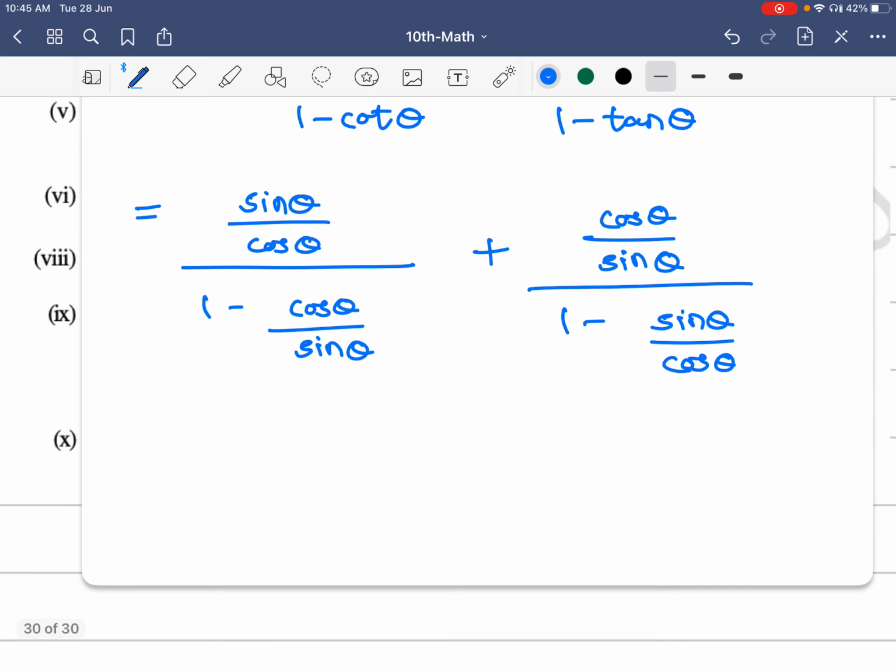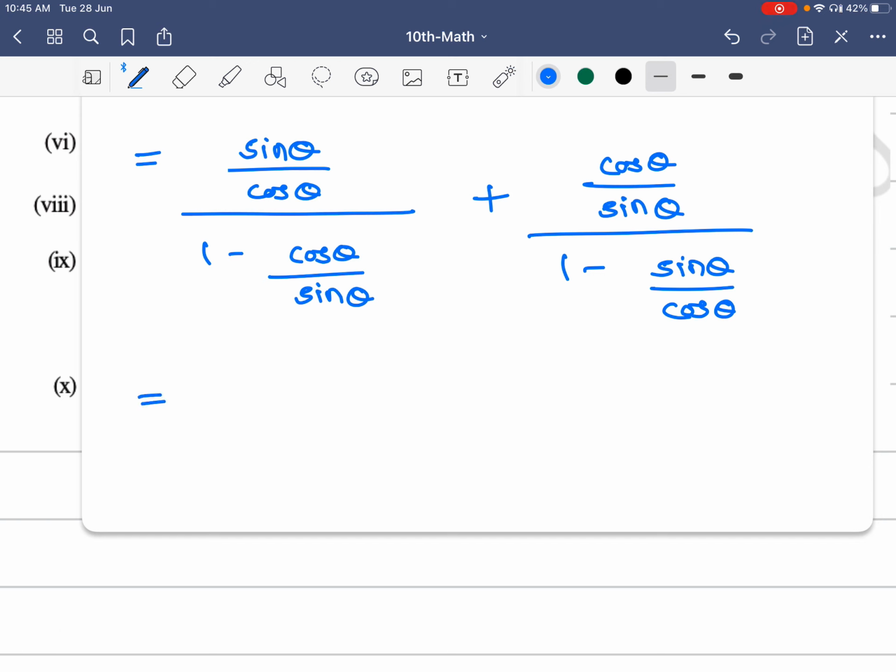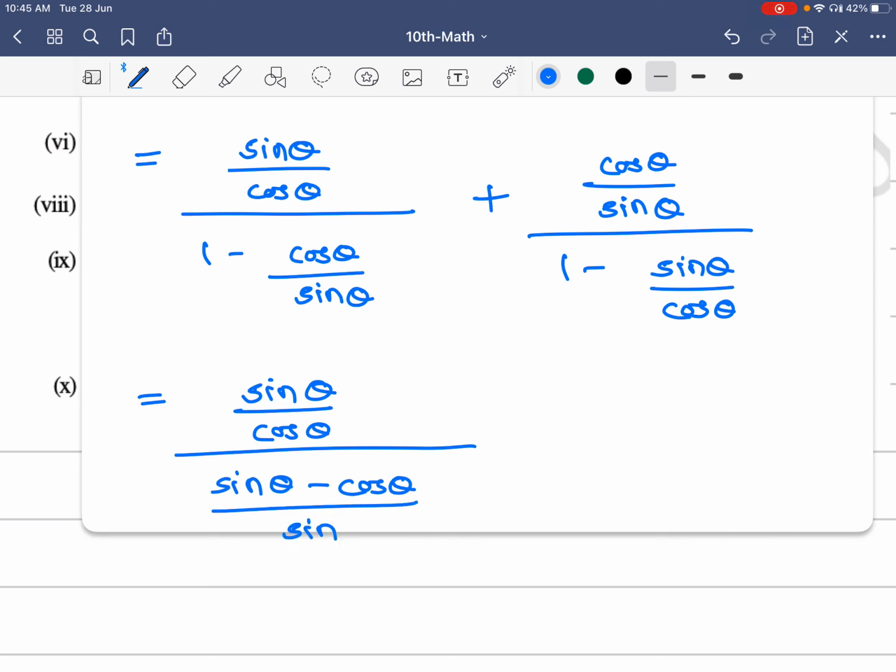Okay, now let us focus on the denominators and try to solve this 1 minus this, and here also in the denominator 1 minus this. We'll keep the numerator as it is. So let's continue. This is sin theta upon cos theta, the whole divided by sin theta minus cos theta, the whole divided by sin theta.